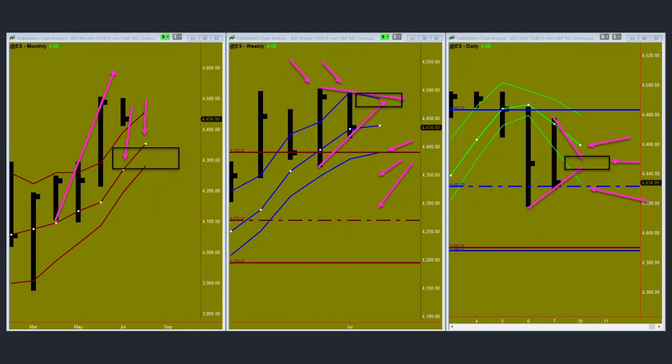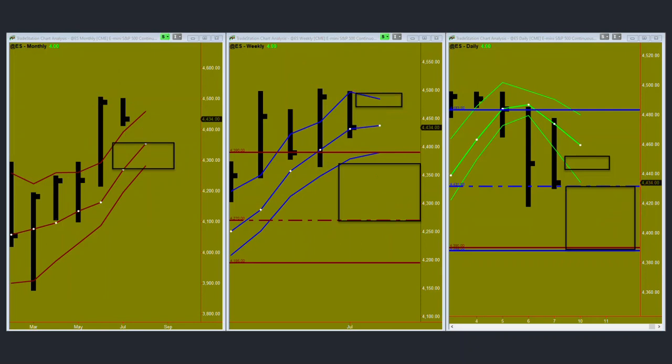So that is the first target area. And of course, how it negotiates this area, the next target comes down here to that weekly envelope bottom and monthly envelope top.